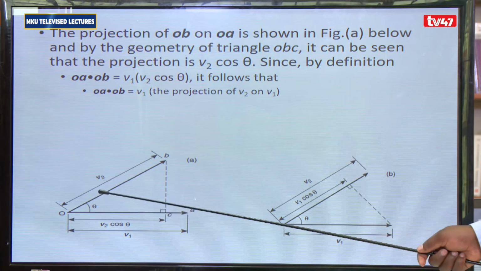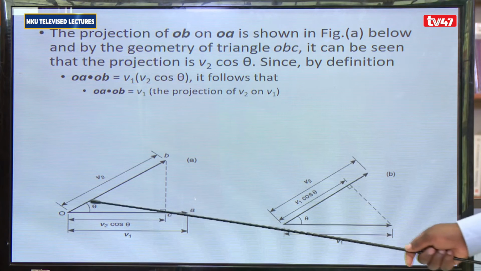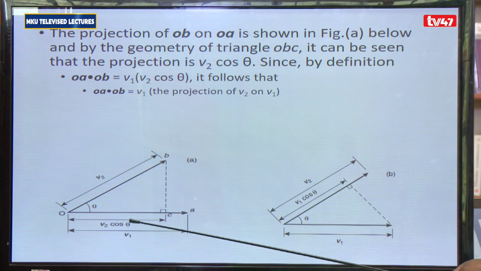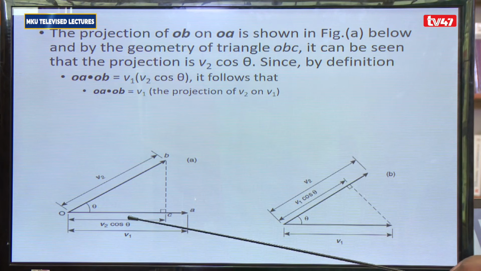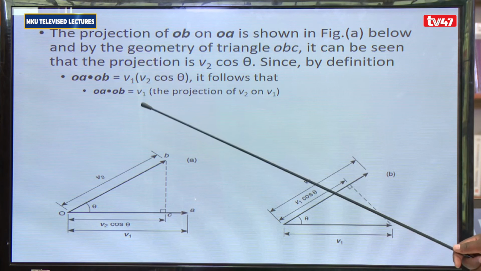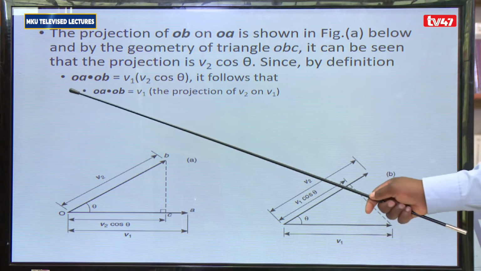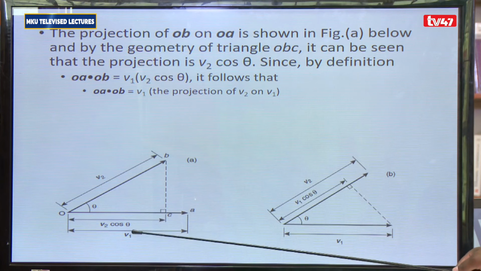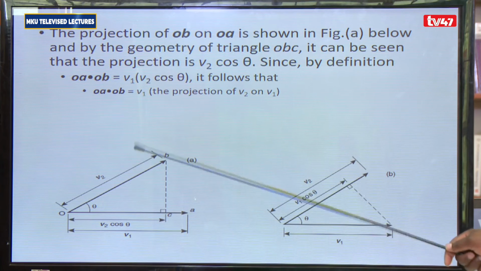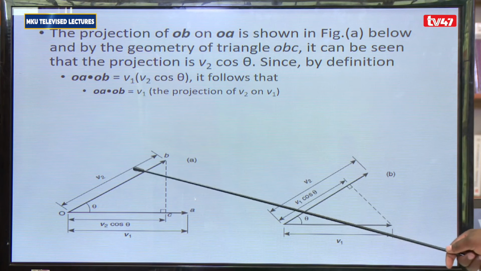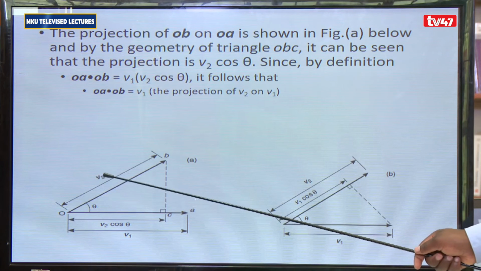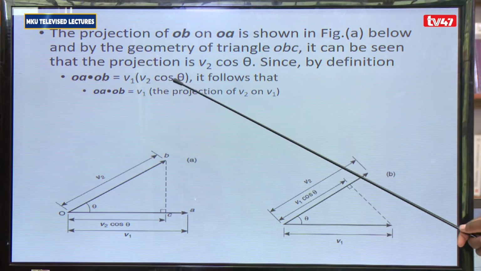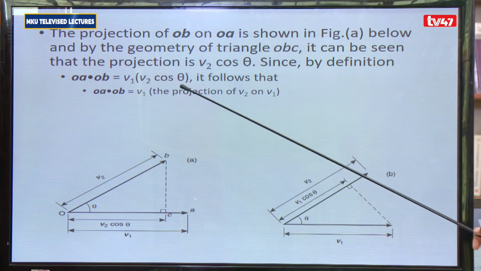Therefore, the projection of OB onto OA is going to be given by V2 cos theta. Therefore, in the dot product, OA dot OB is going to be V1, which is this magnitude here, times the projection of V2 onto V1, which is V2 cos theta. So it is V1 times V2 cos theta.